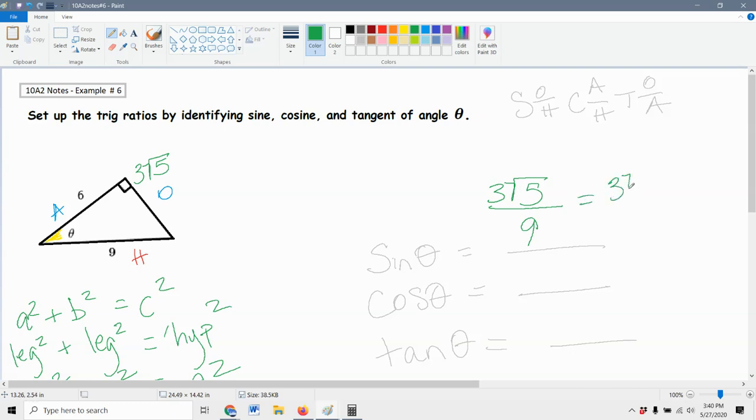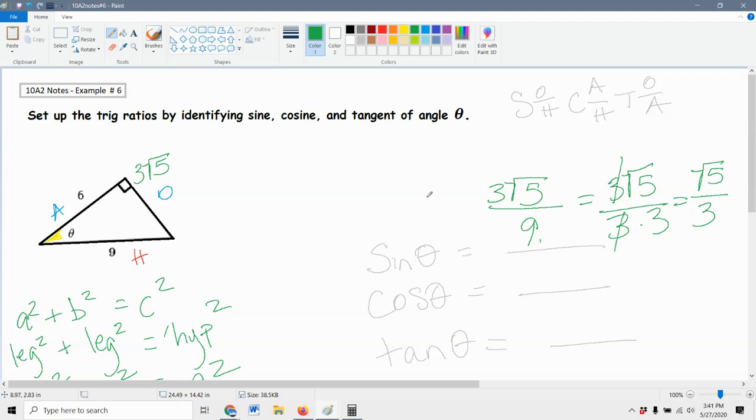Okay, so what that looks like, 9 is the same thing as 3 times 3. And so one of those 3's can cancel with one of those 3's, and that'll leave us with root 5 over 3. Okay? This is all about finding that missing side length and then simplifying those terms.